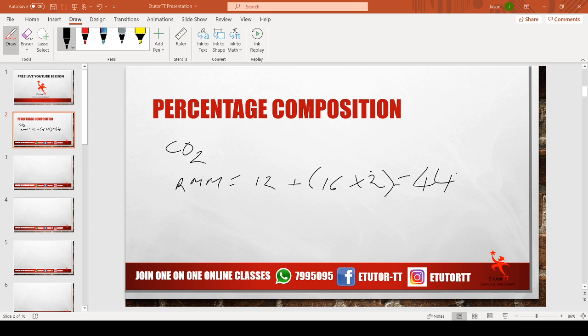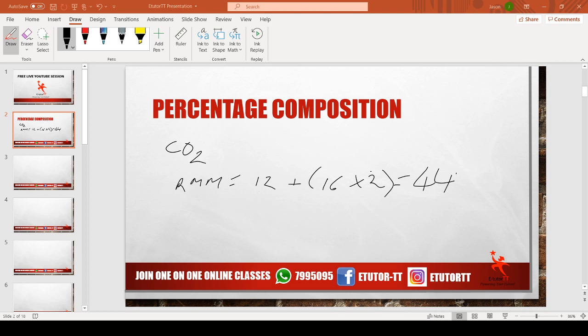Then that's the first step, we got to 44. Now we're going to calculate the percentage of oxygen in carbon dioxide, right?